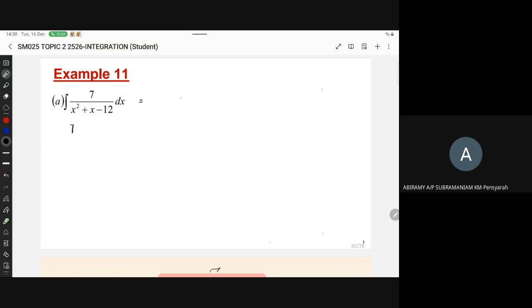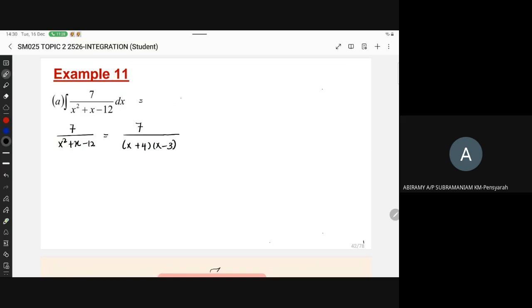To be able to use partial fractions, first we need to express 7 over x squared plus x minus 12 as partial fractions. To do this, first we need to check whether the given quadratic can be factorized or not. This quadratic can be factorized, giving 7 over (x plus 4) multiplied by (x minus 3).